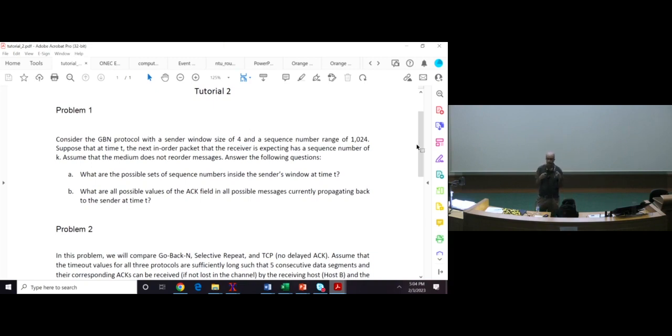But just by looking at what you have sent and what you have received, you cannot have a completely accurate picture of what is happening at the other side. You can get a rough view, but you cannot get an exact view. That's really what I want to illustrate here. Okay? So, what are the possible sets of sequence numbers inside the sender's window at time t? Let's start with that. All right.